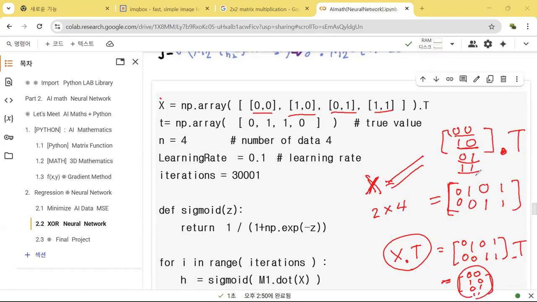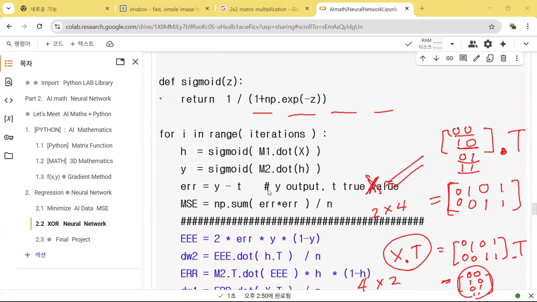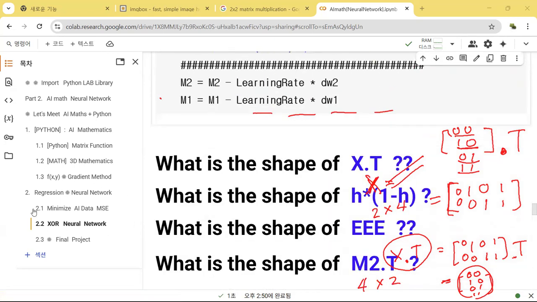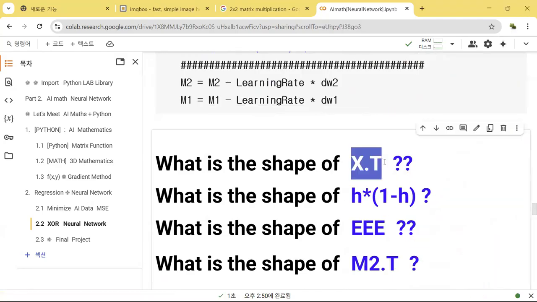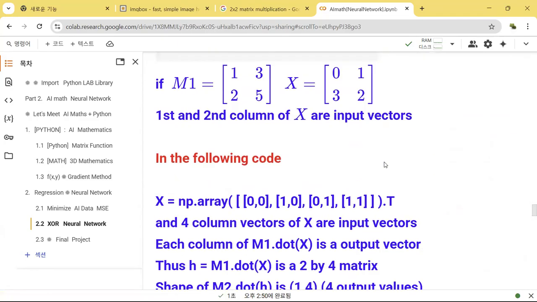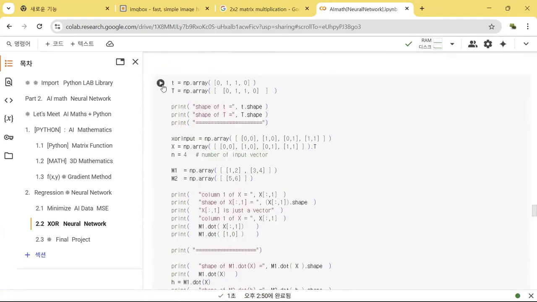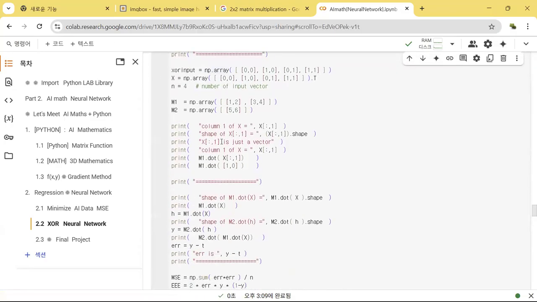So X transpose is now a 4 by 2 matrix. So the solution to our what-if question: we ask, what is the shape of X transpose? Then that is a 4 by 2 matrix. Let me quickly execute this one. Then let's see.